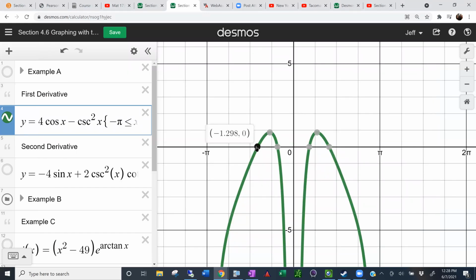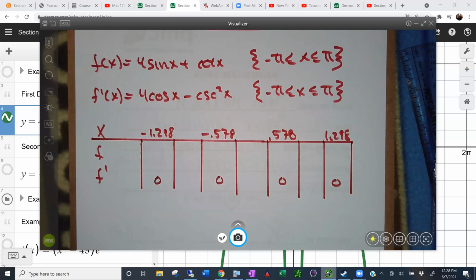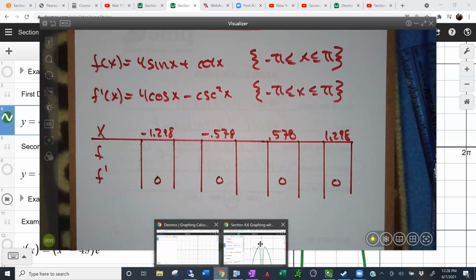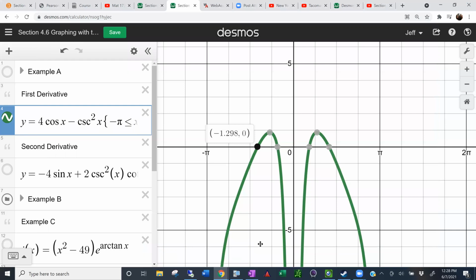All right, to the left of negative 1.298, what's the sign of the derivative? What sign should I put here based on my graph? Positive. To the left of it, the graph is below the x-axis. Oh, right. Negative. My bad. It'll be negative. And then to the right of it, that's where it's positive.